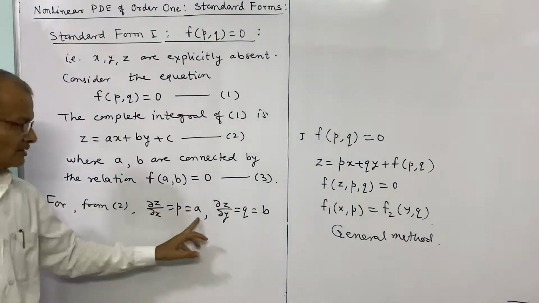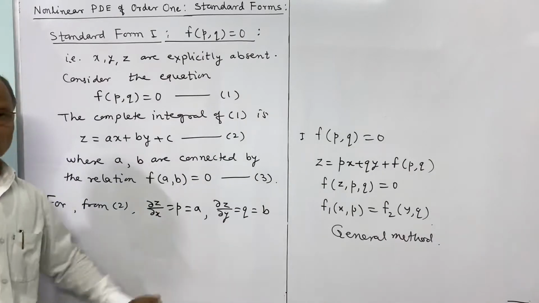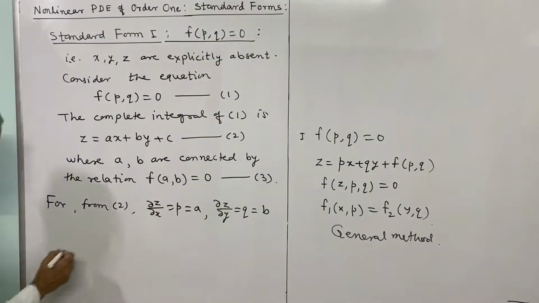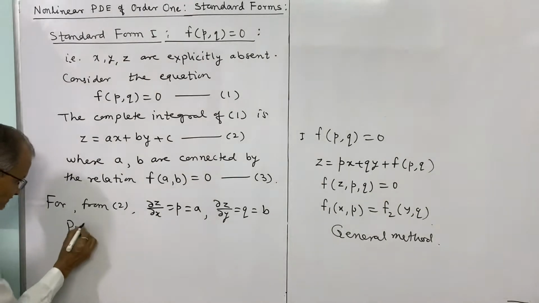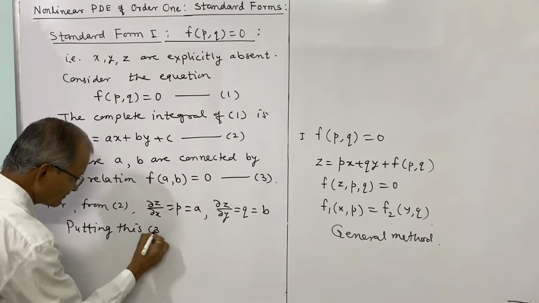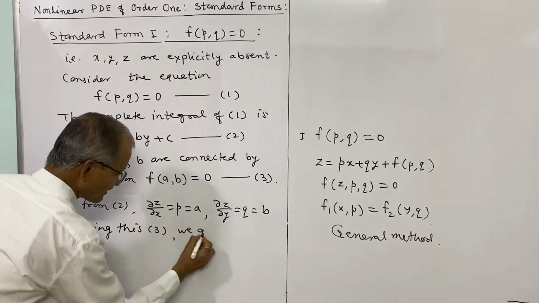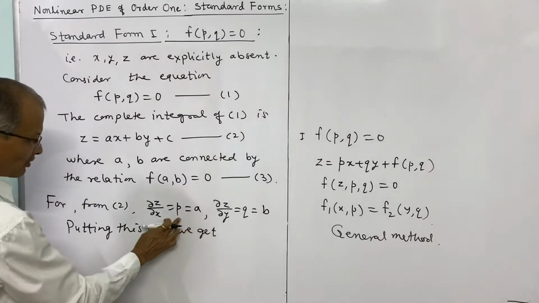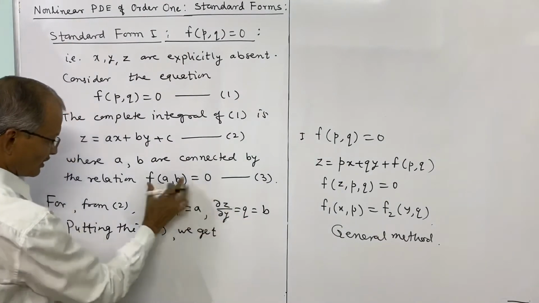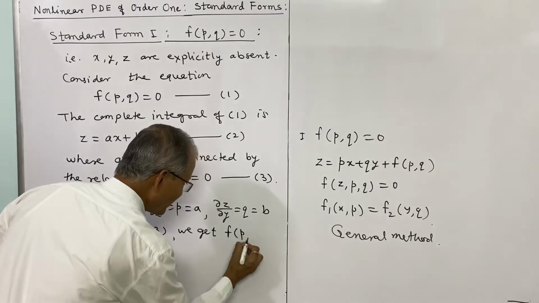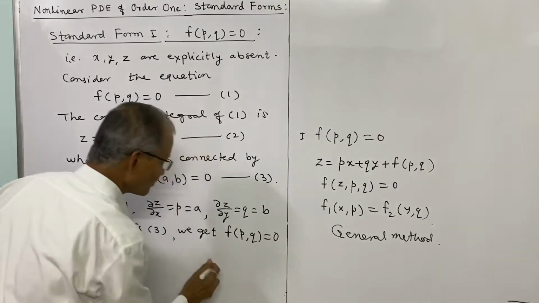That is, p is a and b is q. So if you put this in 3, that means we put a equal to p and b equal to q in 3, what we get is f of p and q is equal to 0, which is equation 1.